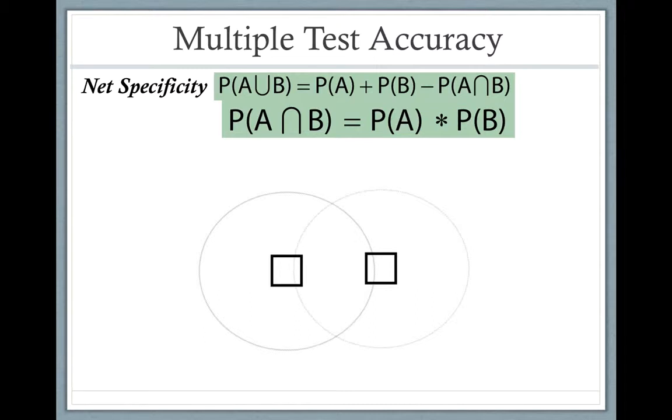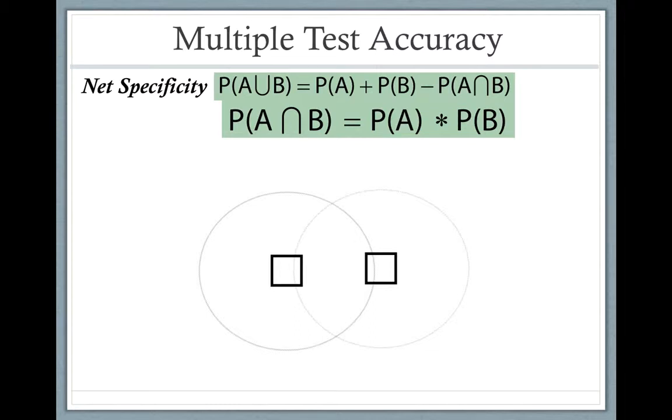So overall, in simultaneous testing, when you have multiple tests done at once, you get a higher sensitivity, so you're able to detect those people that have the disease when they actually have the disease. But you get a loss of specificity when compared to the individual tests.